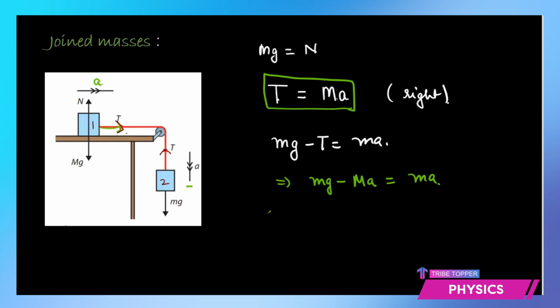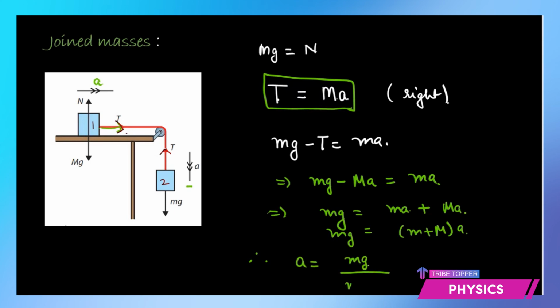I'll take this mass to the other side. I get mg is equal to small m a plus capital M times a. Acceleration can be taken common outside, is equal to mg. Therefore, what's the acceleration of this system? It's weight mg over m plus M.